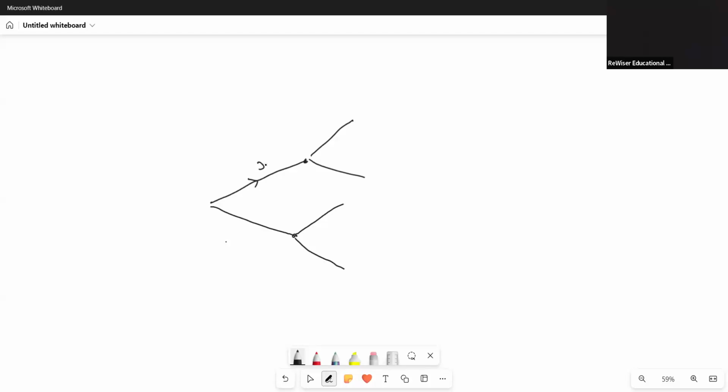If the probability here is X, this is Y, and I have to reach point A, and the probability here is Z, and I have to reach point B. If I'm starting from point O and reaching point B, we have to multiply all the probabilities of the branches given. So reaching point B from O should be X into Z. From O, if I'm reaching point A, again the probabilities of all the branches should be multiplied, so that should be X into Y. This is how a tree diagram works.